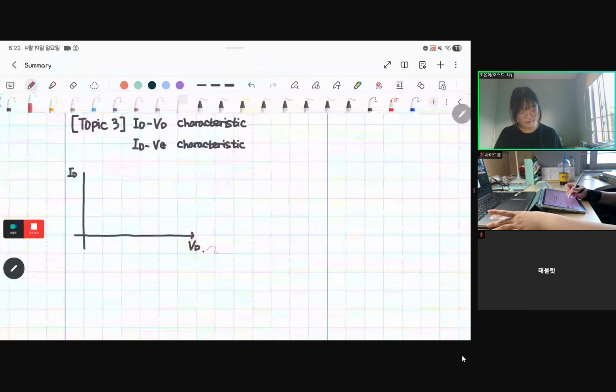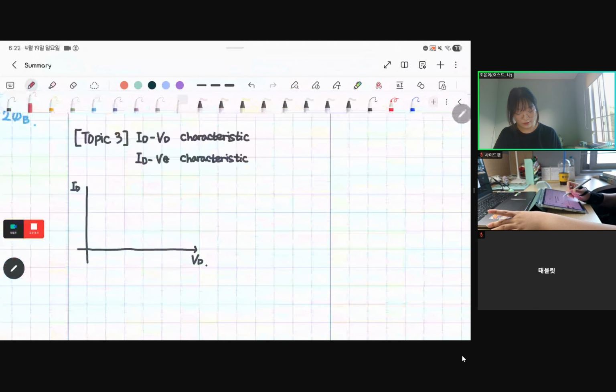When the drain bias is applied, the current goes up like this.